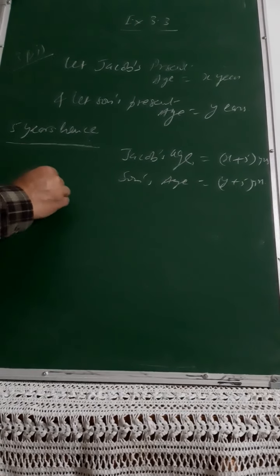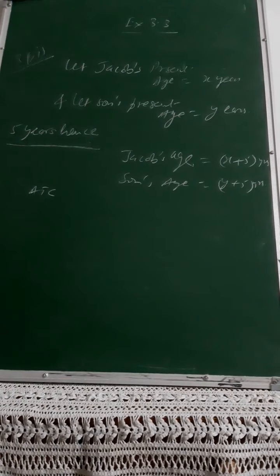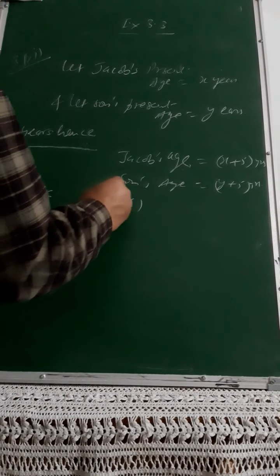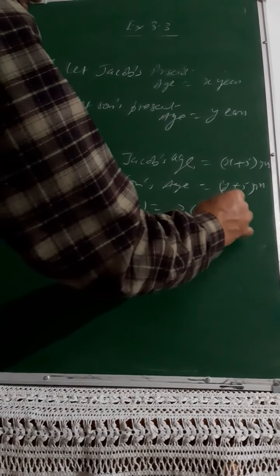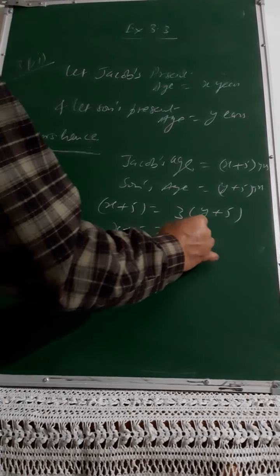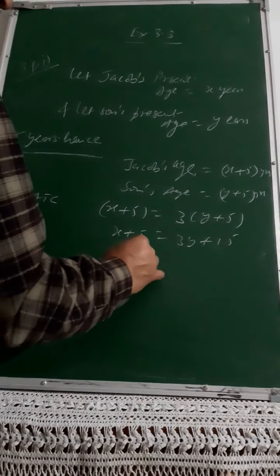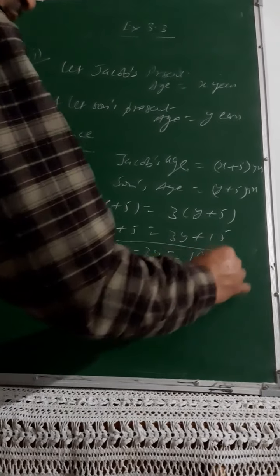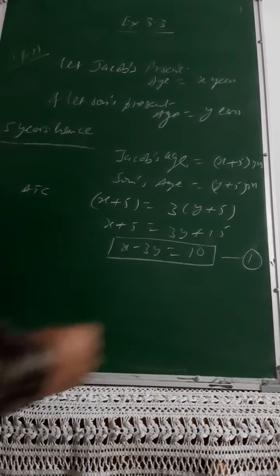What does the condition say? 5 years hence Jacob will be 3 times his son's age. So x plus 5 is equal to 3 into y plus 5, which takes you to equation 1. X plus 5 is equal to 3y plus 15. That makes x minus 3y is equal to 10, your equation number 1.